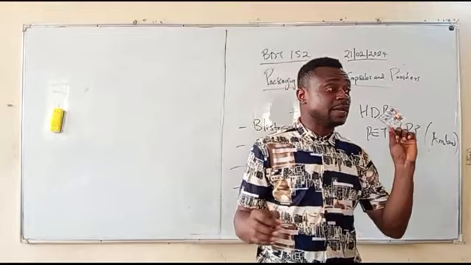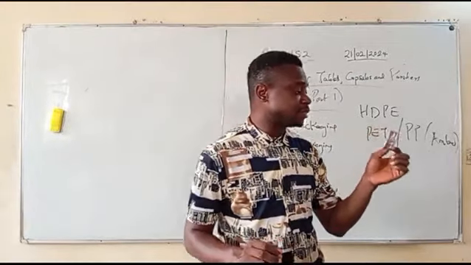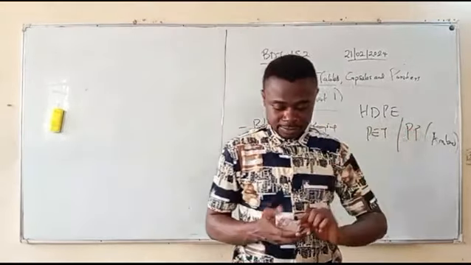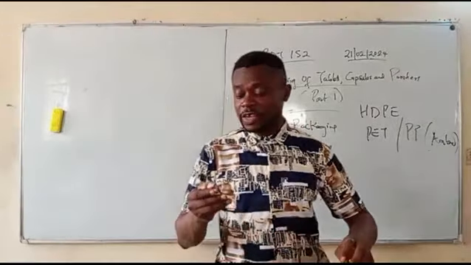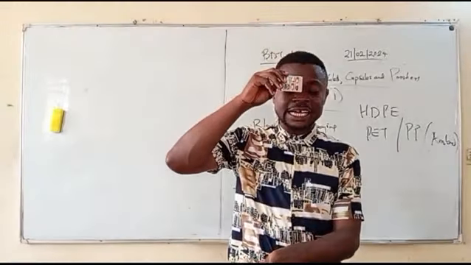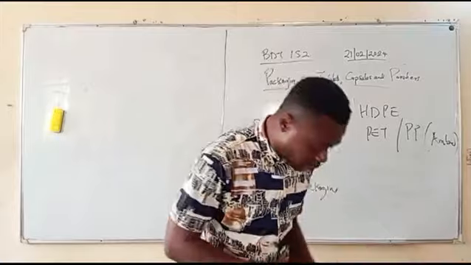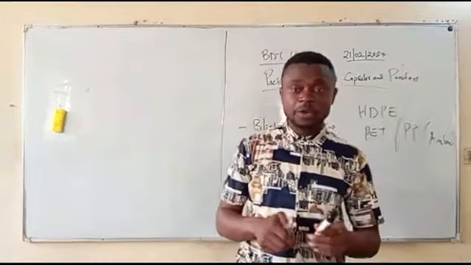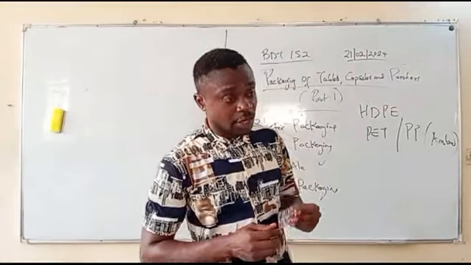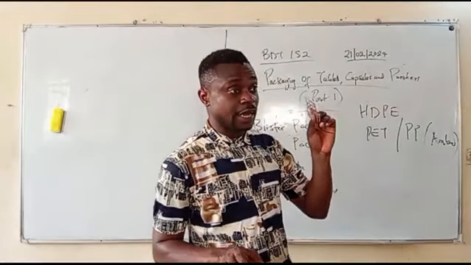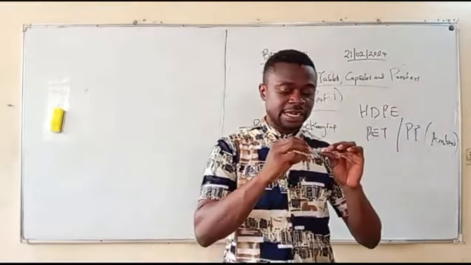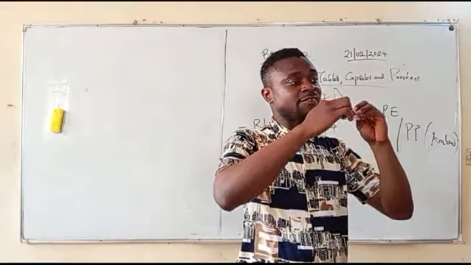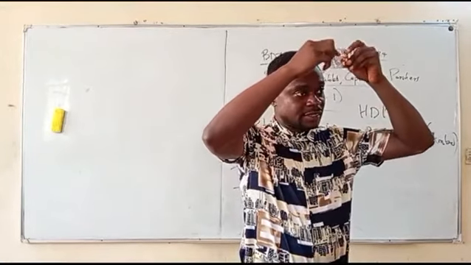This white one, that's the forming film, or simply blister. Then it has the backing. Forming film and backing.